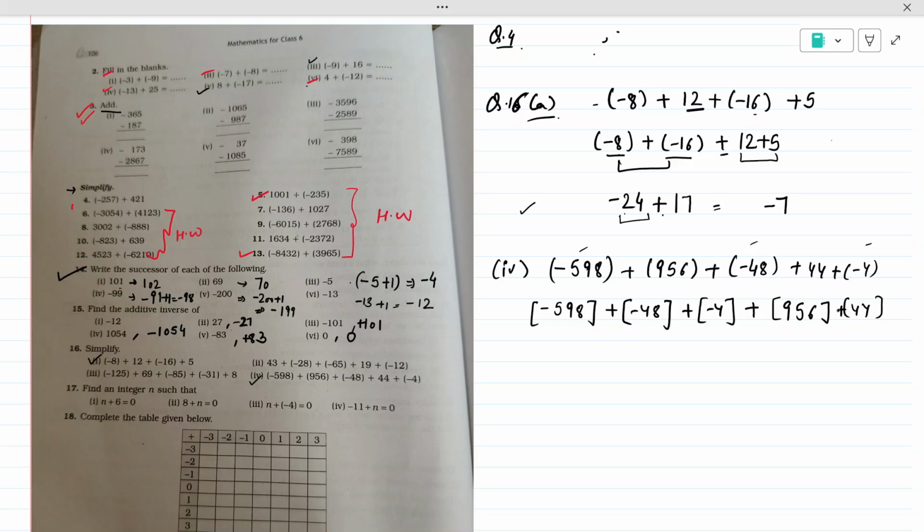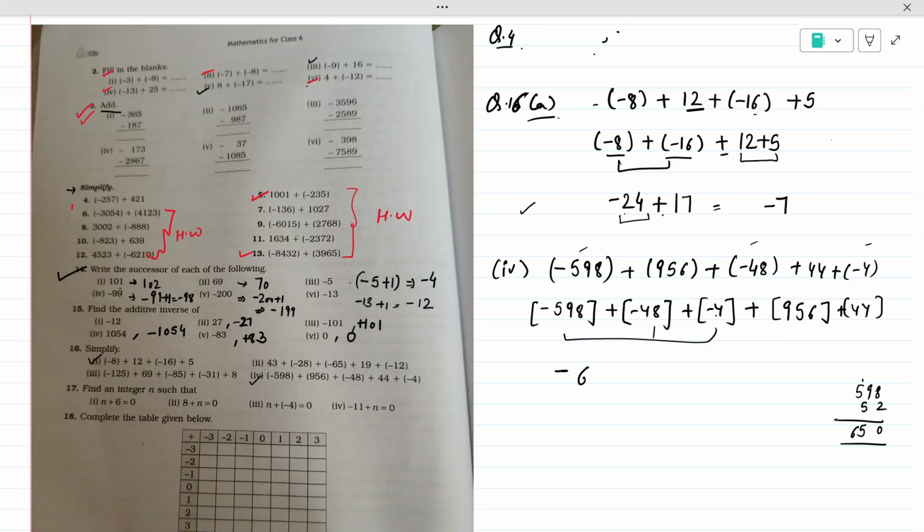Okay, now we are adding three negatives here. Okay, these three negatives, so the answer will also be negative here. Let us add them. 48 plus 4 will give us 52. So to 598 we are adding 52. 8 plus 2 is 10, 15 and 6.